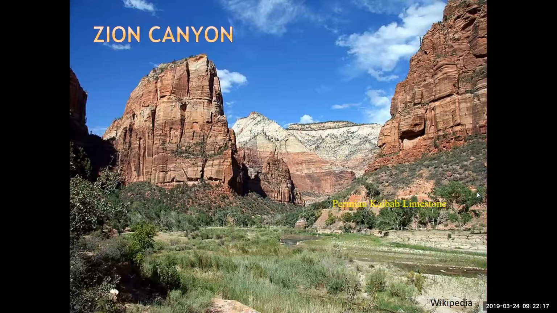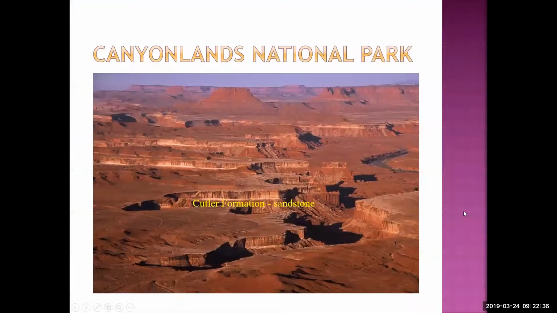So I mentioned how the Kaibab limestone extends into Zion National Park. Here's Zion Canyon, where in the Grand Canyon, the Kaibab limestone is at the top, but in Zion Canyon, it's at the bottom of the canyon. And then I mentioned that it didn't extend over to Canyonlands National Park.